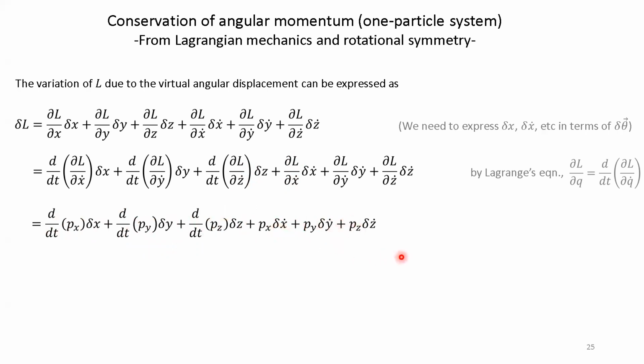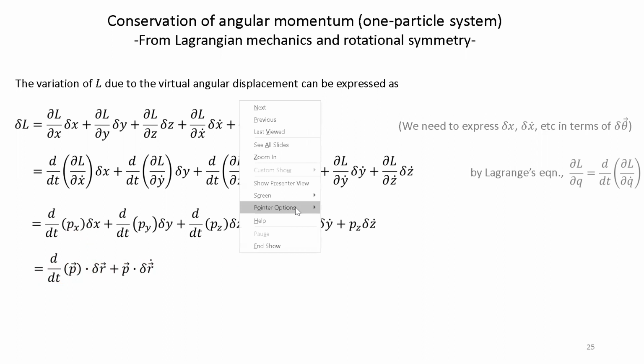Then the next step, I'm just going to make the whole expression more compact. The first three terms can be written as dp dt vector dot the delta r vector.